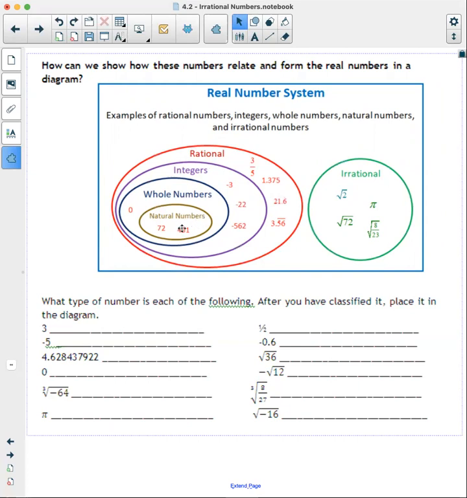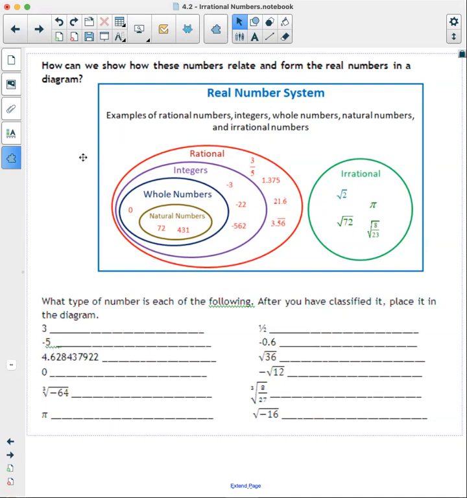So if it's a natural number, it's a whole number, it's an integer, it's rational. Okay. If it's just an integer, like a negative integer, it would not be part of the whole numbers or natural numbers. Okay. And if it's a negative decimal number, that would be considered as just rational.